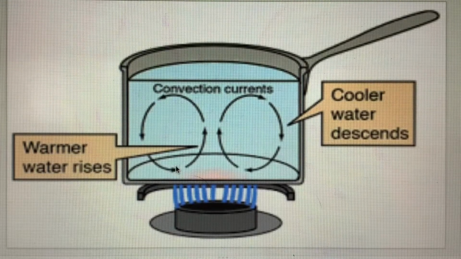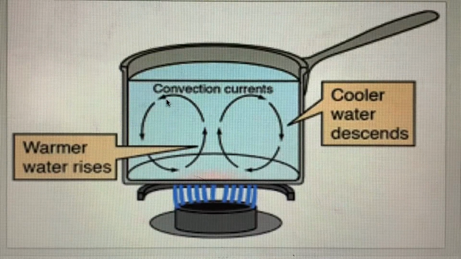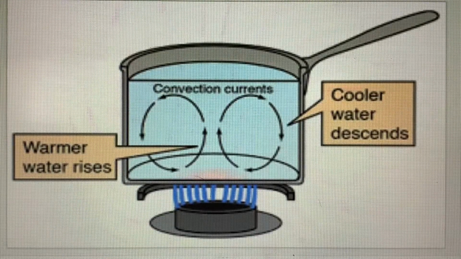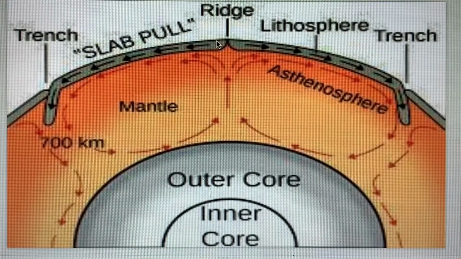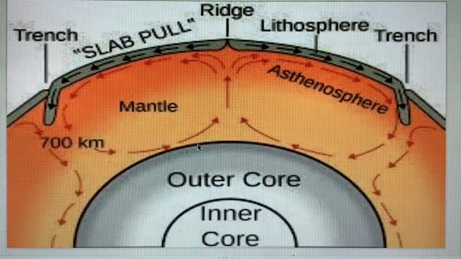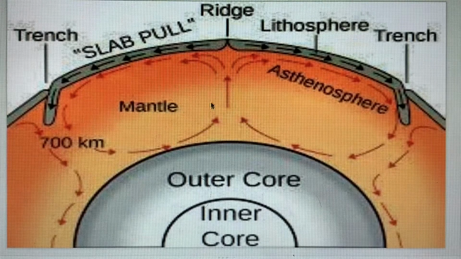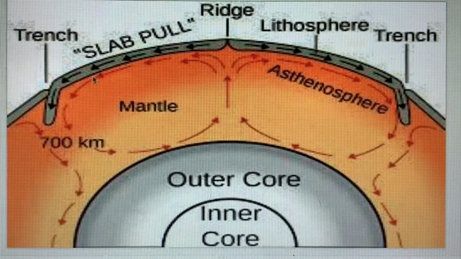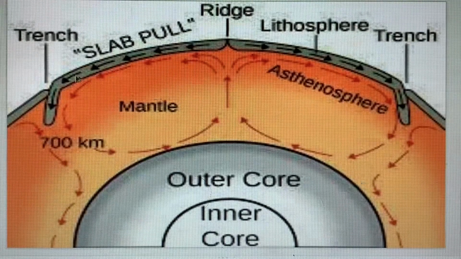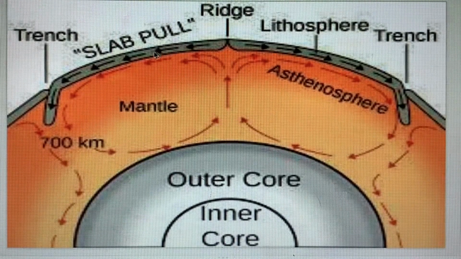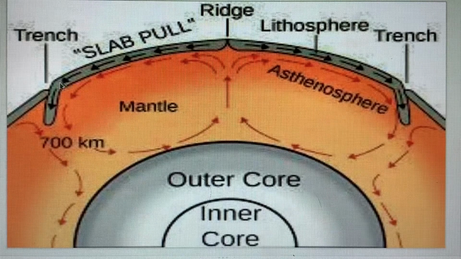So at this point would be the colder point, and it's slowly heating up, and then it reaches hot and then goes down. Here it is in the context of the Earth, and you'll see the crust being pulled. The mantle has the magma rotating in this convection, and it pulls these slabs down, the continental crust or oceanic crust.